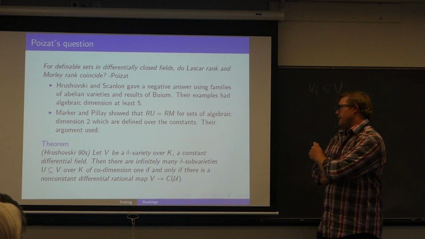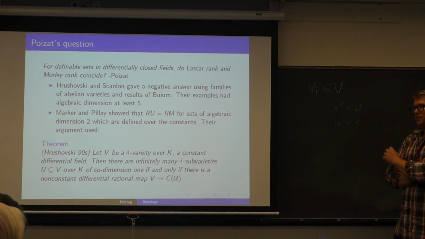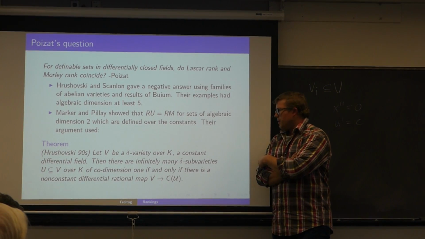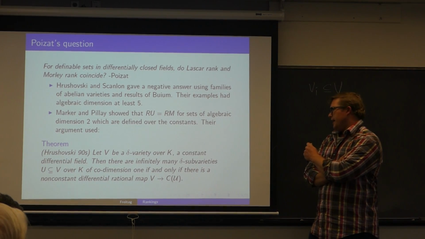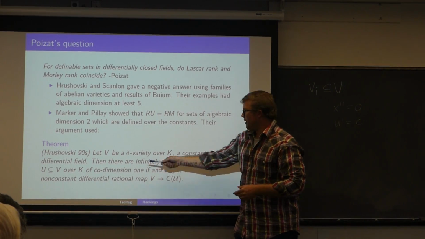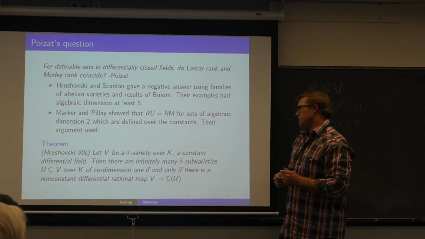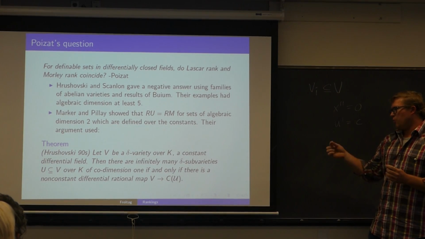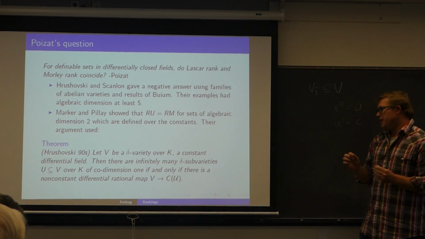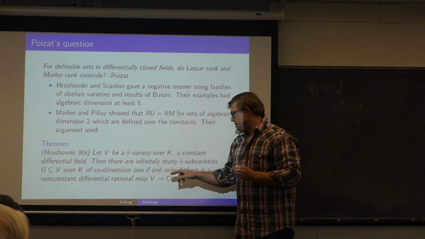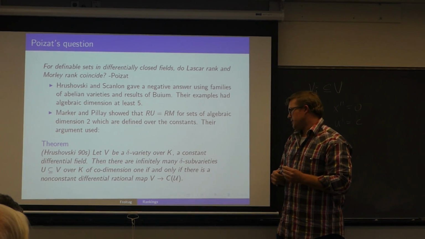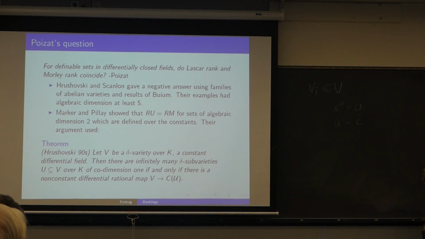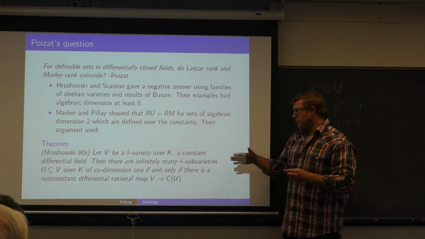If V is a differential variety over K, and K is a constant differential field, so I assume delta of a equals 0 for all a in K, then there are infinitely many differential subvarieties of codimension 1, and codimension means co-algebraic dimension, so infinitely many differential subvarieties whose generic point has transcendence degree 1 less than the generic point of V, if and only if there's a non-constant differential rational map to the constants, the constants of U. One direction is completely trivial to see.